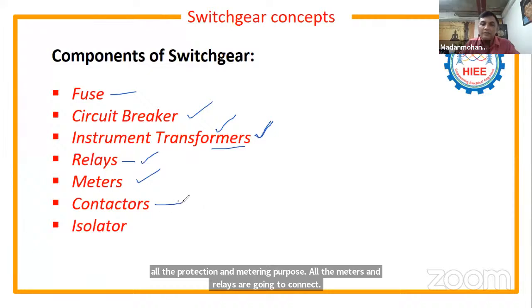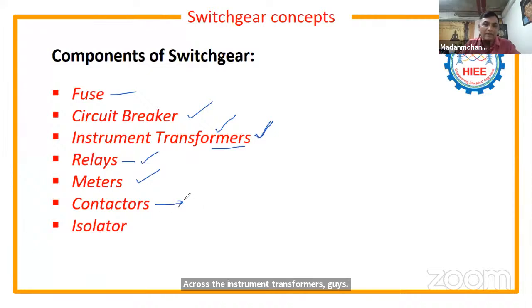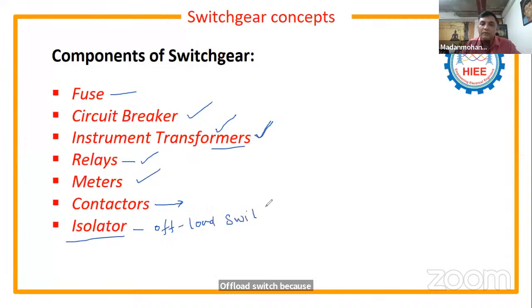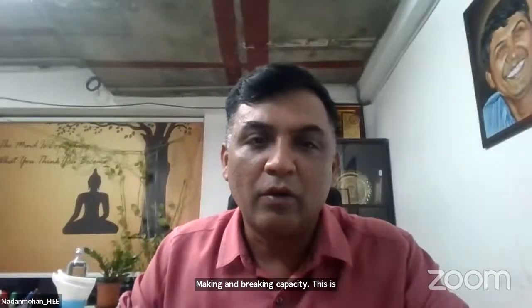The contactor is also an electromechanical device, and the isolator is an offload switch. We call the isolator an offload switch because it cannot be used under loaded condition, as it doesn't have any making and breaking capacity. This is all about the brief introduction of the components.